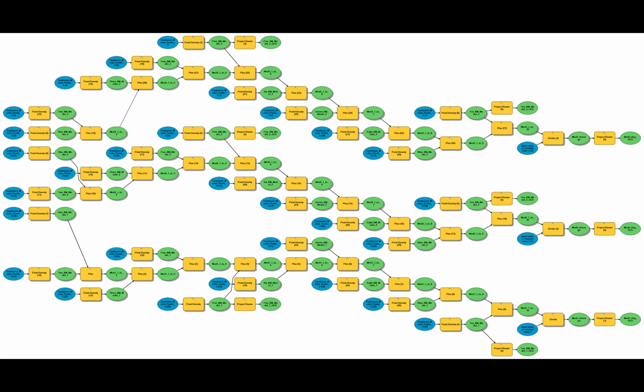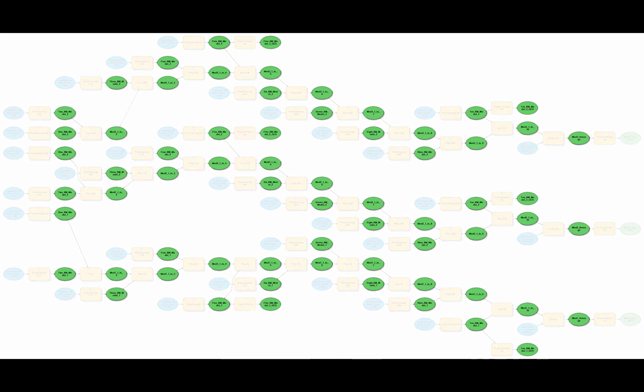Consider this model we looked at a few minutes ago. This model produced a huge number of data sets as it worked, and I didn't need to save any of these for later. I would never use them again. All I did at the moment was fill up the hard drive. So I would like to delete them all, and it would just take quite a while to delete each individually. It would be wonderful just to hit one button and delete the whole batch at once.